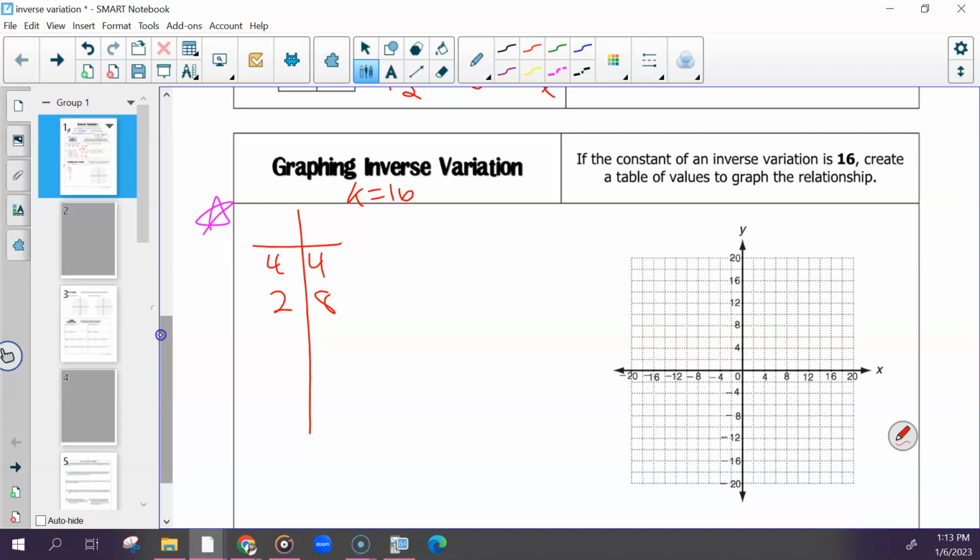What else? Not 6 and 2. 1 and 16. And then we can also take these numbers and flip them. So 8 and 2 and 16 and 1.